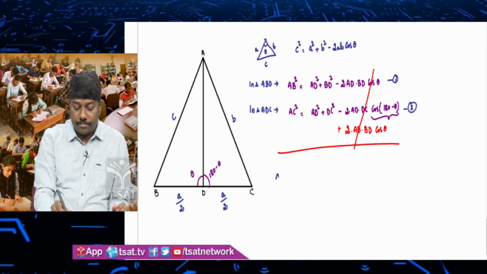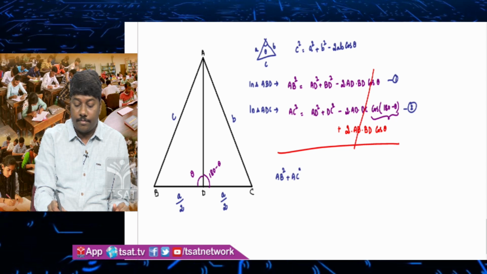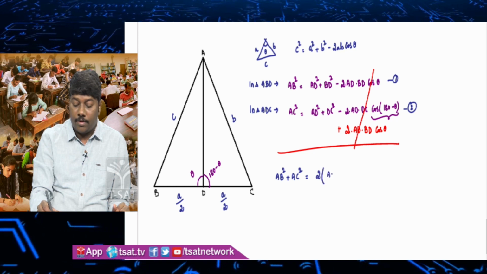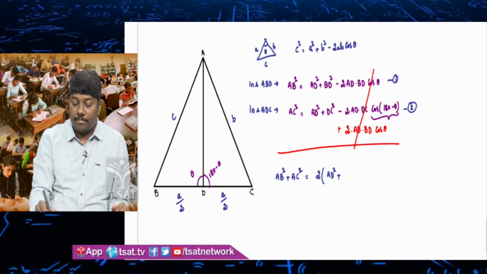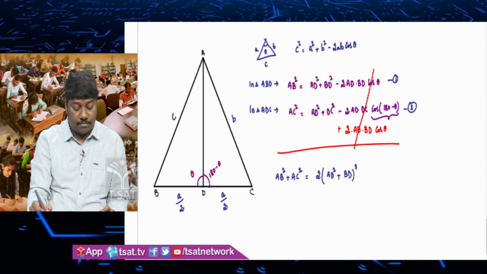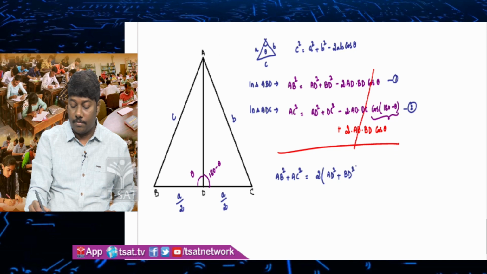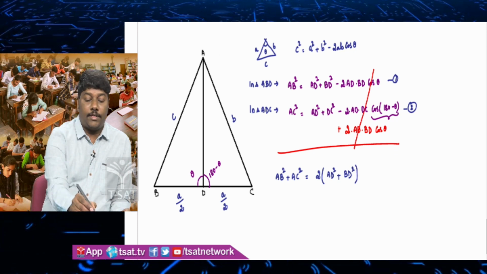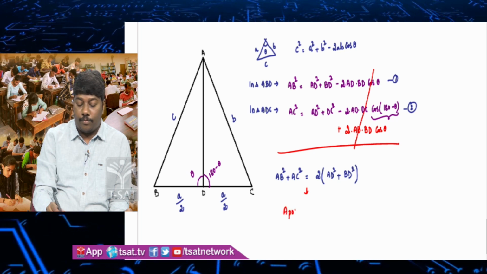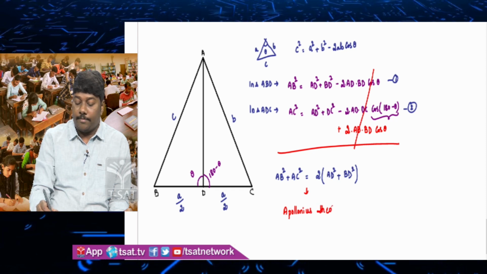Therefore, we get AB square plus AC square is equal to 2 times of AD square plus BD square. And we call this Apollonius theorem.